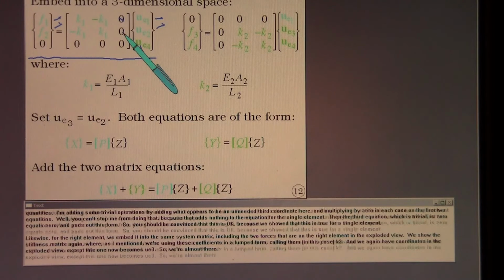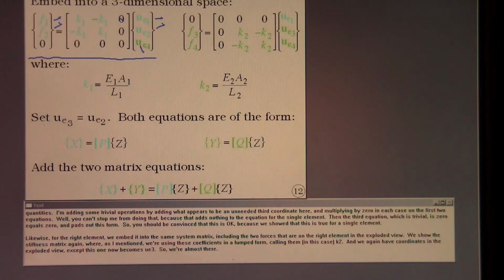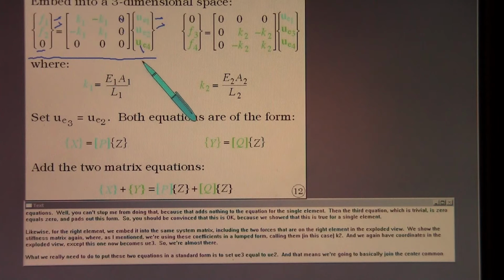Well, you can't stop me from doing that, because that adds nothing to the equation for the single element. Then the 3rd equation, which is trivial, is 0 equals 0, and pads out this form. So you should be convinced that this is okay, because we showed that was true for a single element.